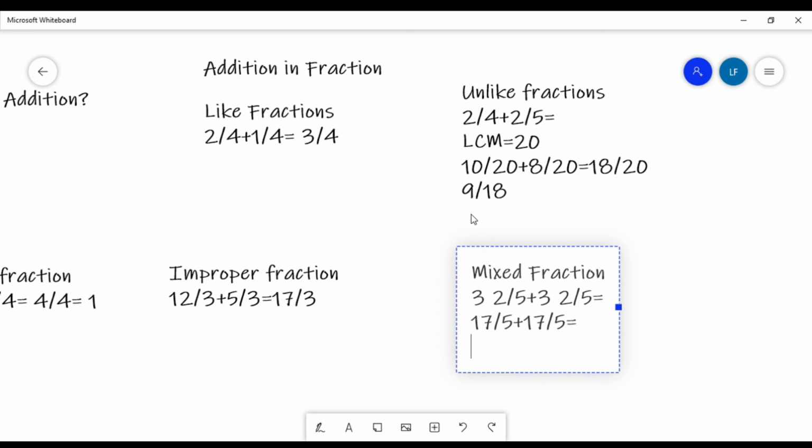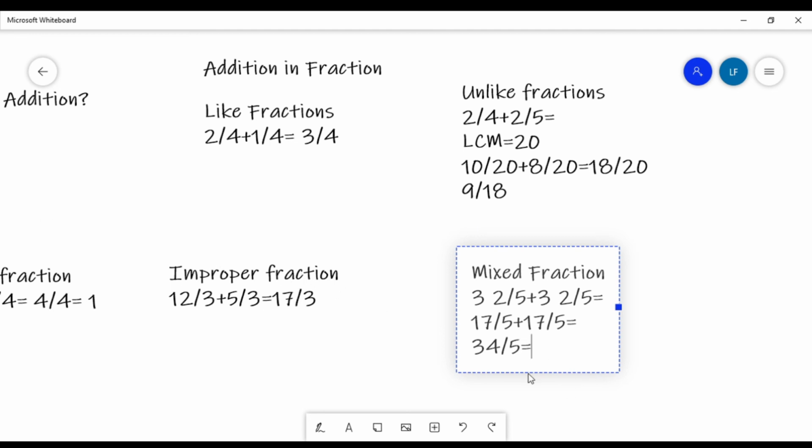Now what does that equal? Well, since the denominators are the same, you add the numerators together. So you add 17 plus 17 equals 34 by 5. And it is good practice to convert any improper fraction into a mixed fraction, like I have forgotten here.